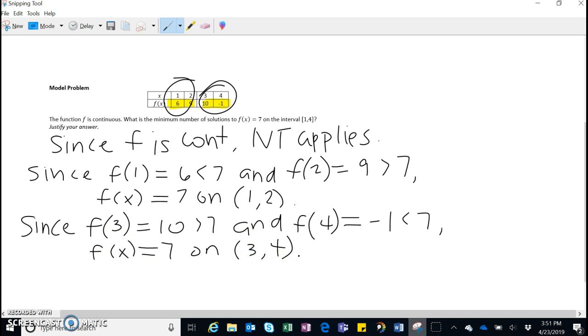So what's the minimum number of solutions? Therefore, the minimum number of solutions is 2. Could there be more than 2 solutions? Yes, but I'm guaranteed to have at least 2.